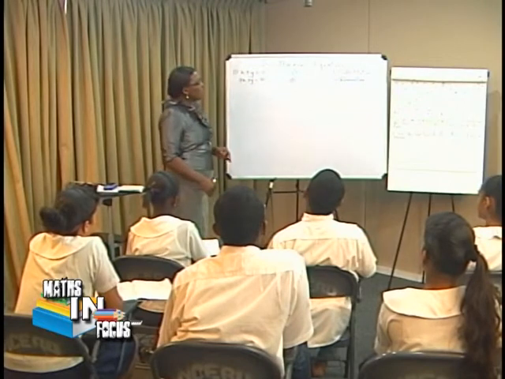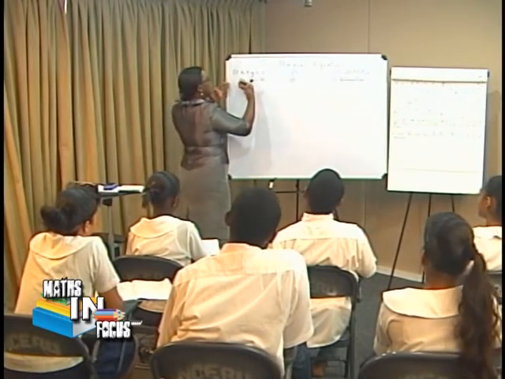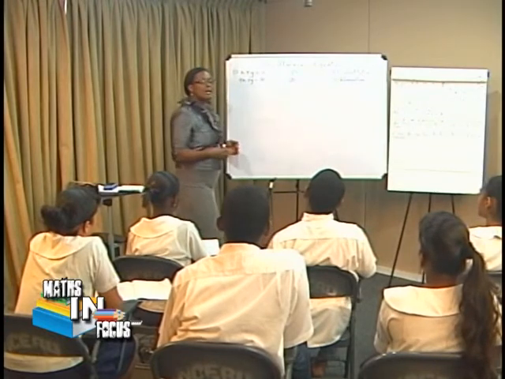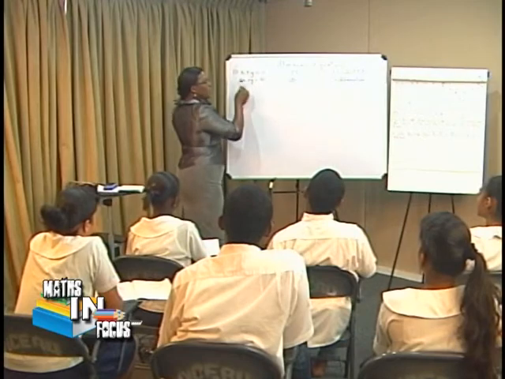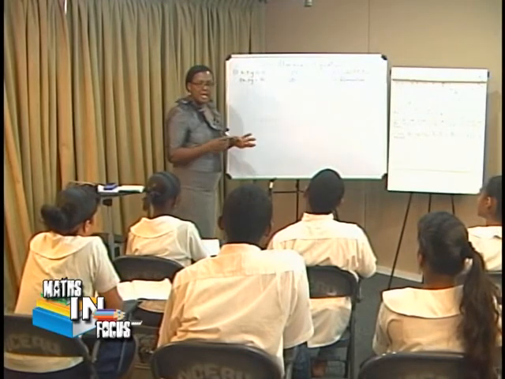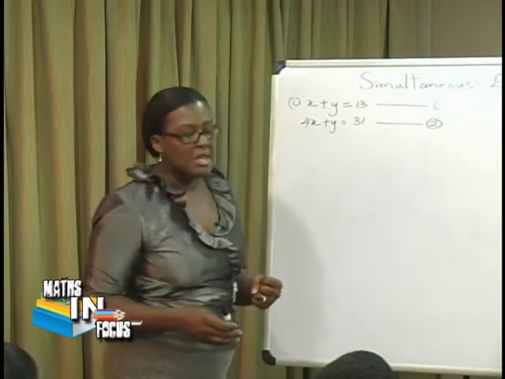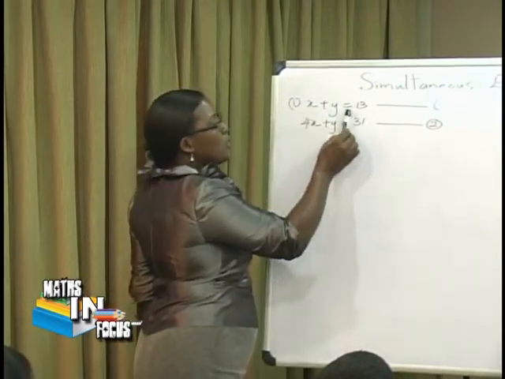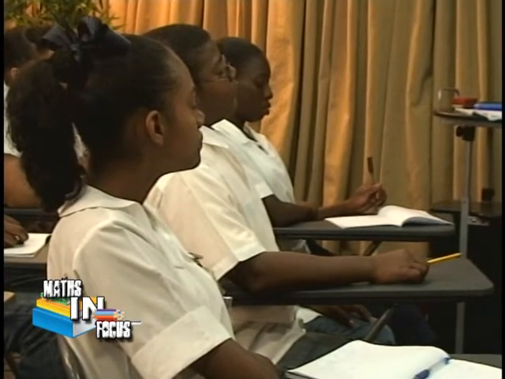So we have got to create a condition where either we're going to replace an x or replace a y. So we're going to take one of the equations and write it in such a way that x has a value or y has a value. Now it's easier to work with equation 1 since the coefficients are 1.